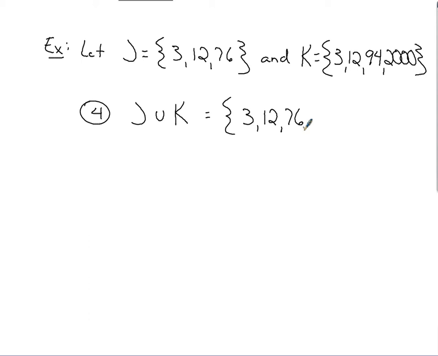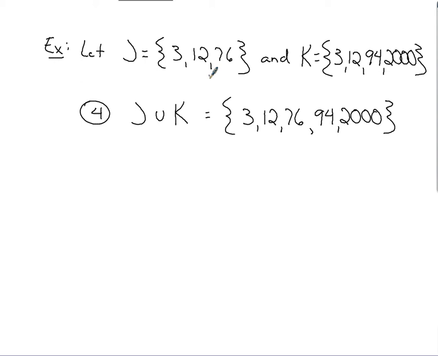And in the second set, we've got 3 and 12 again, which is already included, so we don't have to list that again. But then we have 94, and we have 2000. Right? That was not listed. So now when you look at the elements or the members of the set that's formed as the union, you compare it back to the original sets up here. Do we have everything from both sets? Okay, then we form the union. We're done.